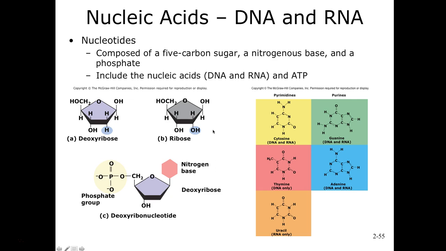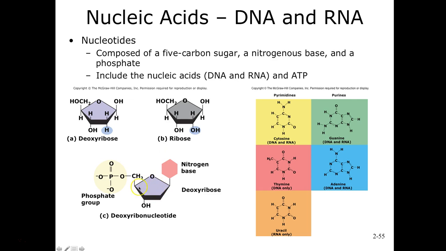We are going to use deoxyribose, of course, in our DNA, and ribose will be used within our RNA. The difference between these two molecules is that deoxyribose will have a hydrogen here on its third carbon, and on ribose we will have a hydroxyl group. So very minor difference, but enough to cause a big difference, if that makes sense.